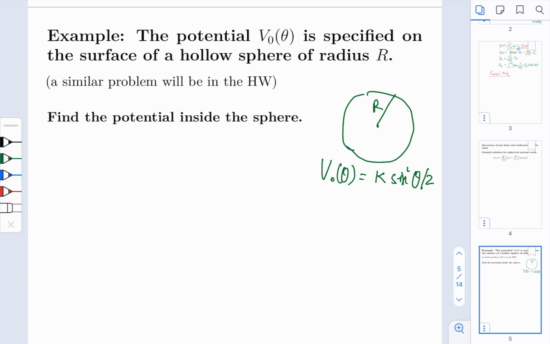So there is a certain potential distribution when r equals capital R. So is that everything? Can you think of any additional thing that you have to consider?